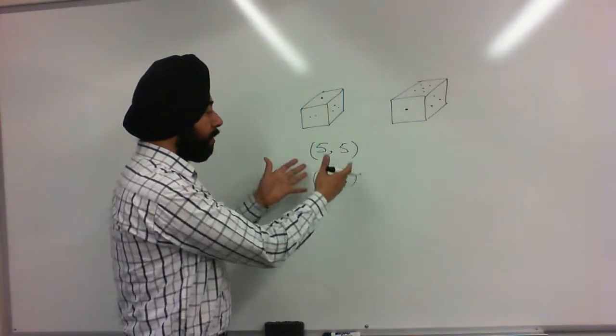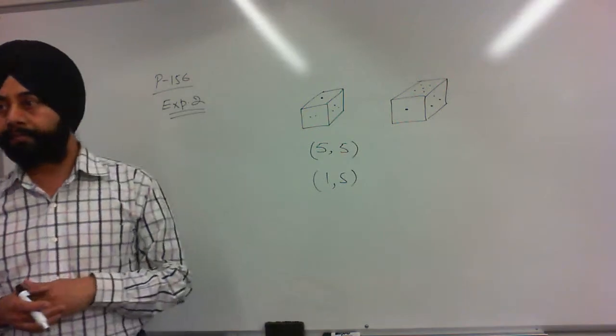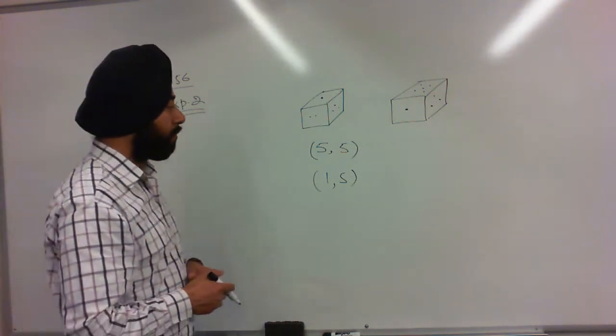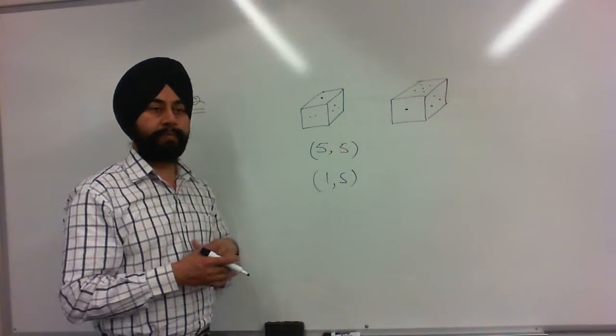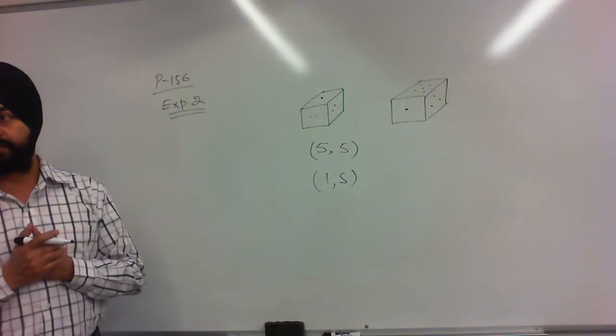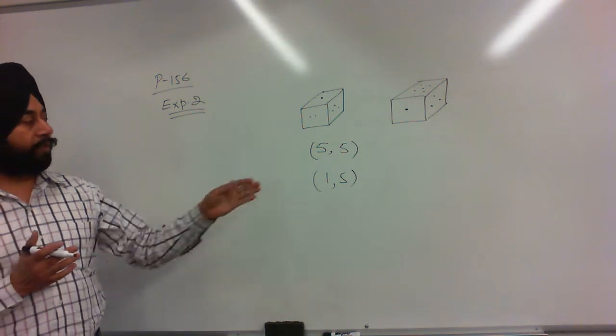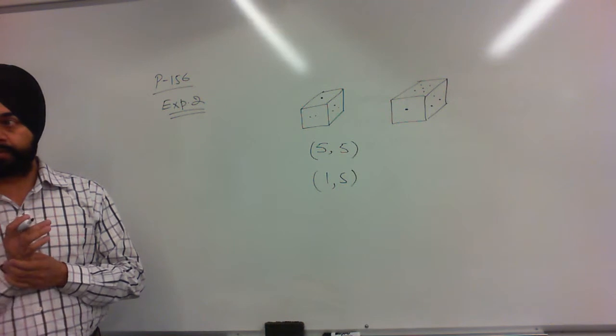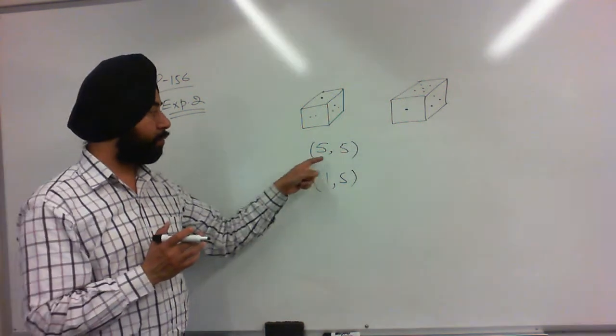So how many different possibilities are there? 2? I already gave you 2 of them. Why do you say 2 only? 6. 6? Okay, so what are the other 4? Sorry? 5 and 5 is already given.